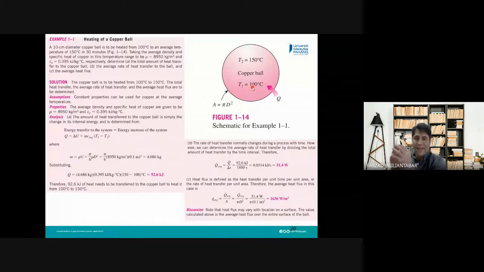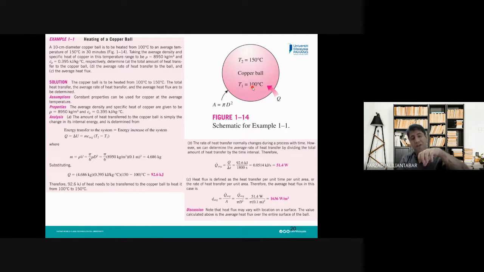We assume that heat transfer from the surface of this ball is constant, the same on all of the surface of the ball. However, it is usually not like that. For example, imagine we put this ball on the surface of a stove or something.